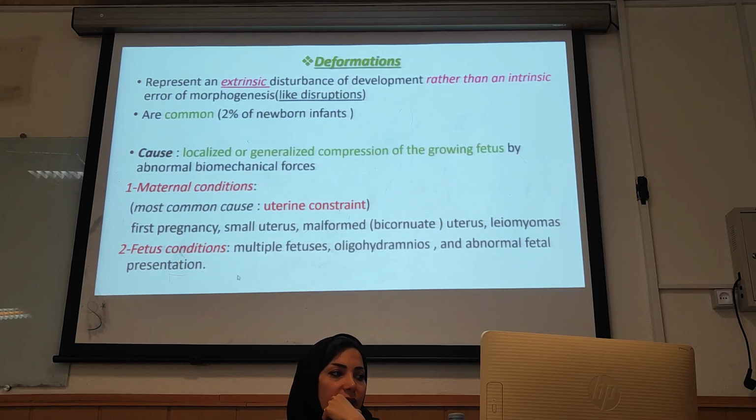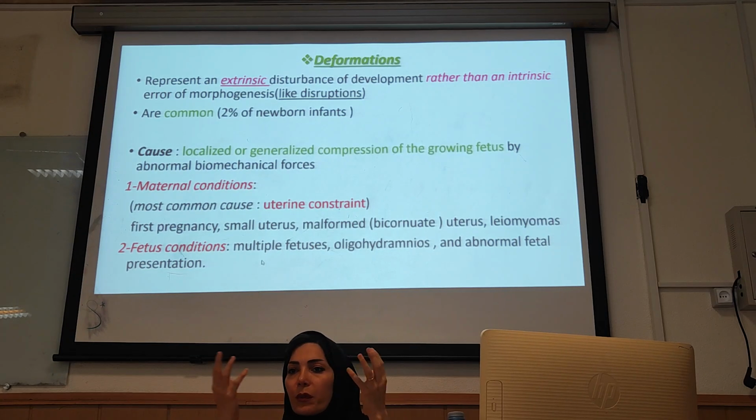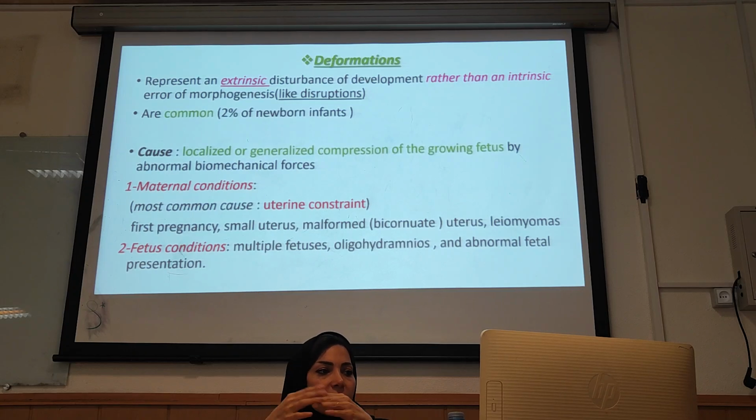Or other conditions such as fetal conditions, for example, multiple fetuses or oligohydramnios or abnormal fetal presentation, all of them can make a smaller space for development of the fetus.